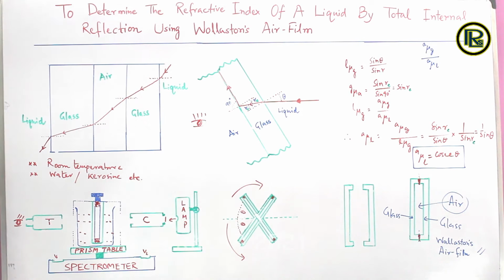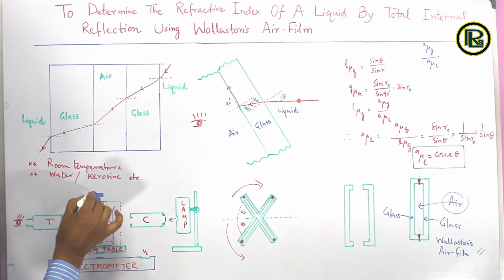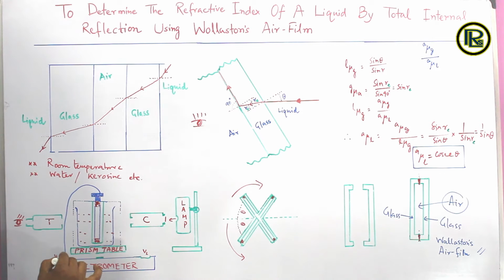So what we have to do is unlock the prism table, and then attach this air film with the spectrometer.